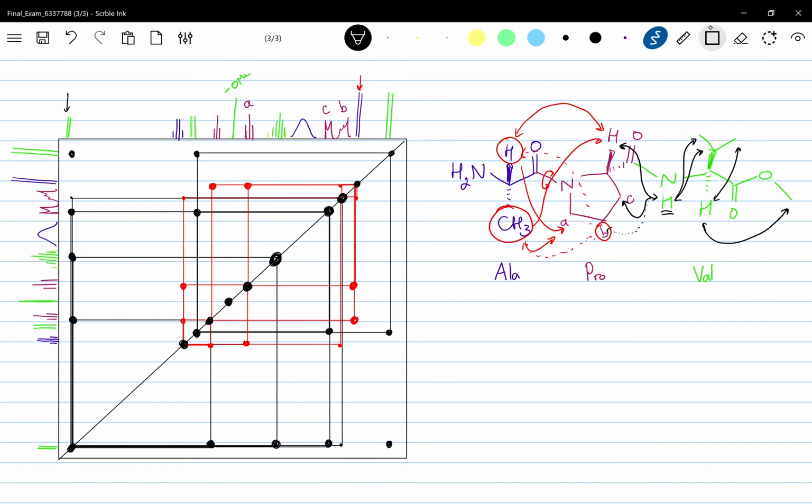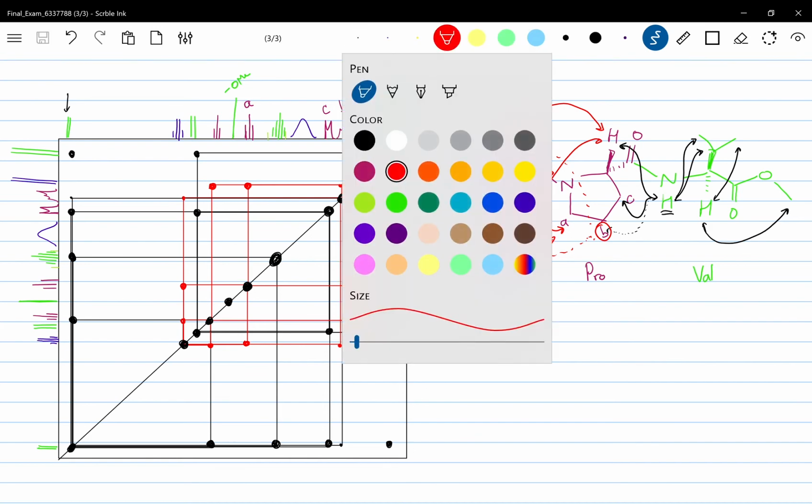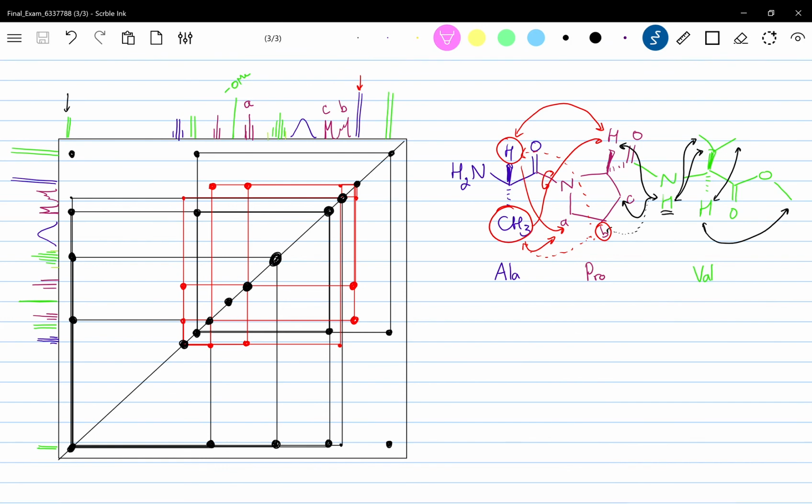inter-amino acid interactions. But don't forget that we can also have intra-amino acid interactions in the proline five-membered ring. Right, this time should we use pink? Okay, so A and C can see each other.